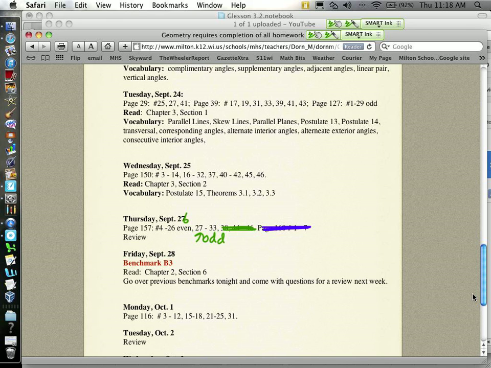So that's 27, 29, 31, 33, so 4 of them. But actually, 33 is a multiple choice, so that's good. Write it down now. It's not that hard.